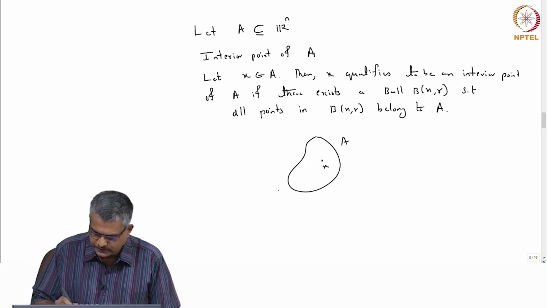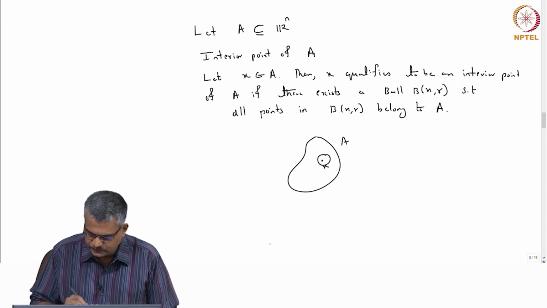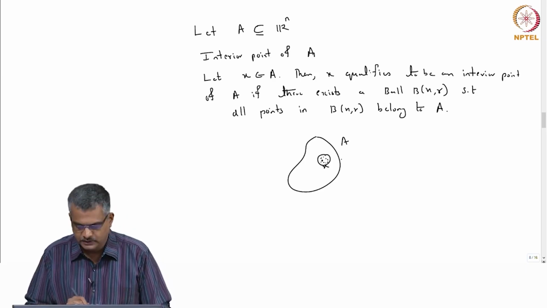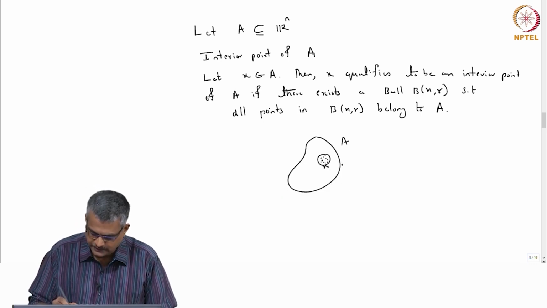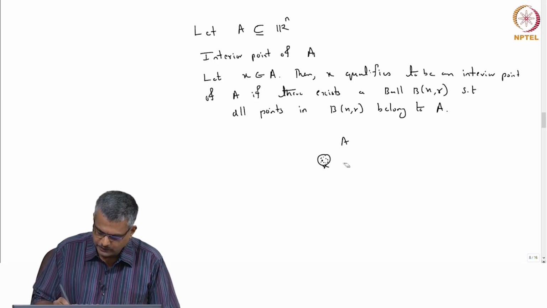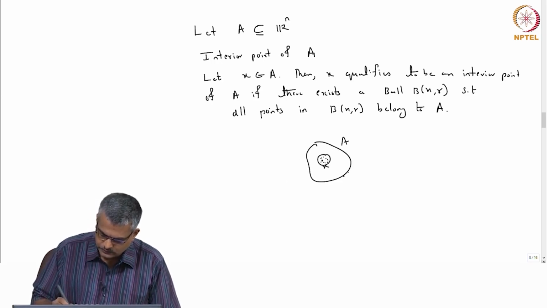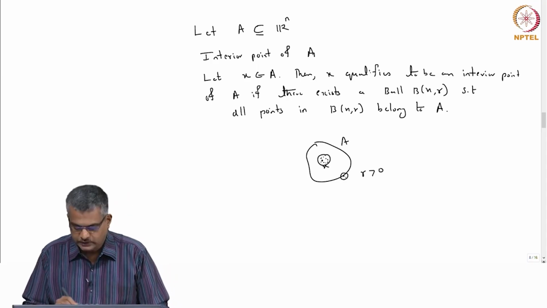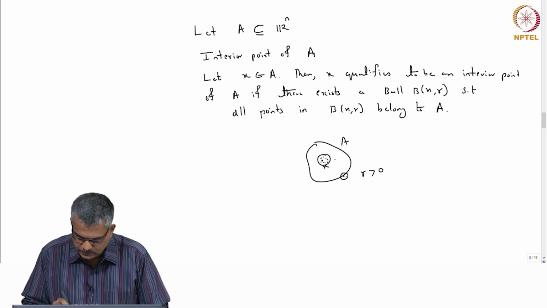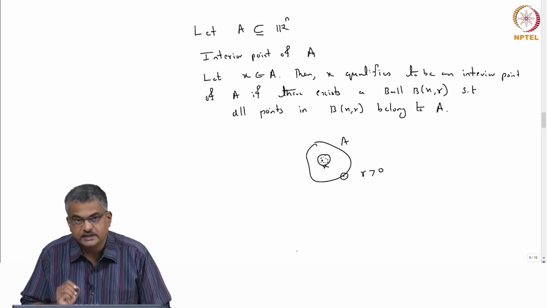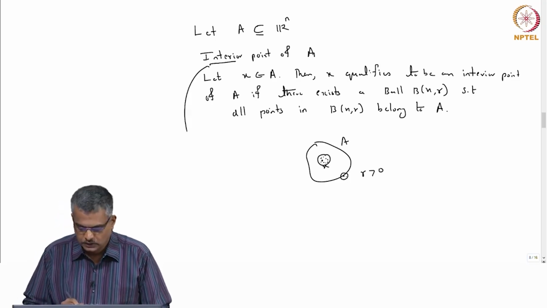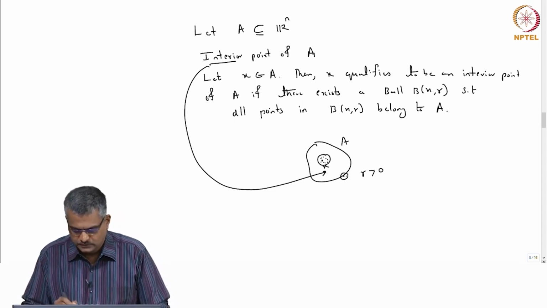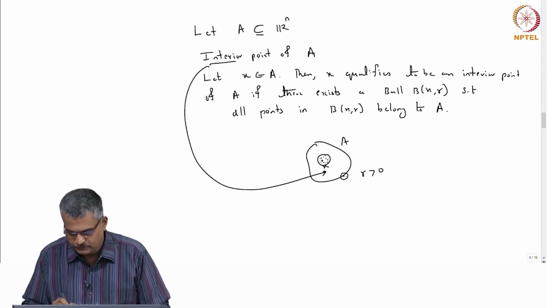So, I have a set A. Suppose I take a point x, and I can always find a ball of some radius, all of whose points belong to the set A. The challenge really lies in taking a point very close to the boundary, and then can you find a radius r such that all of these points in this ball belong to the set A, and the answer is no. So, this word interior sort of captures that things will go bad when you are on the boundary of the set.